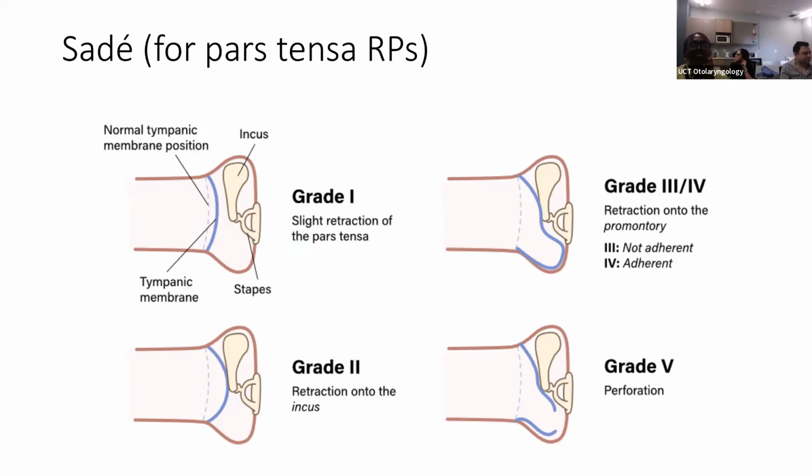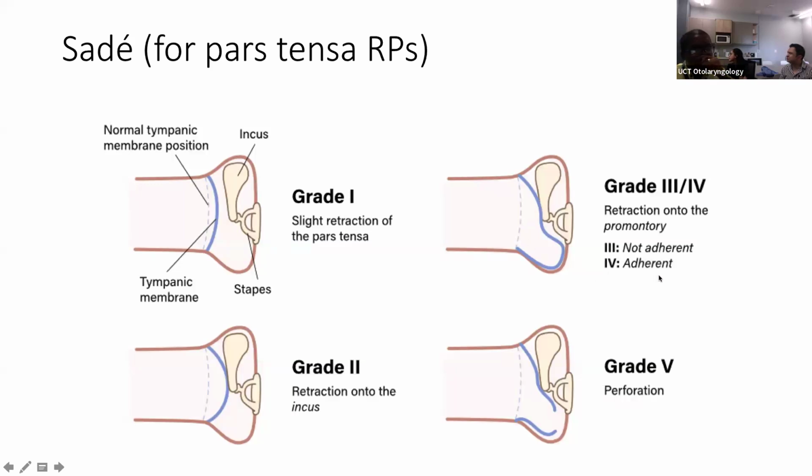Thank you. So the classification for the pars tensa retraction pockets. If this is the normal tympanic membrane, then a slight retraction of the pars tensa will be grade 1. Then grade 2 will be where the retraction is onto the long process of the incus. And then grade 3 is onto the promontory.